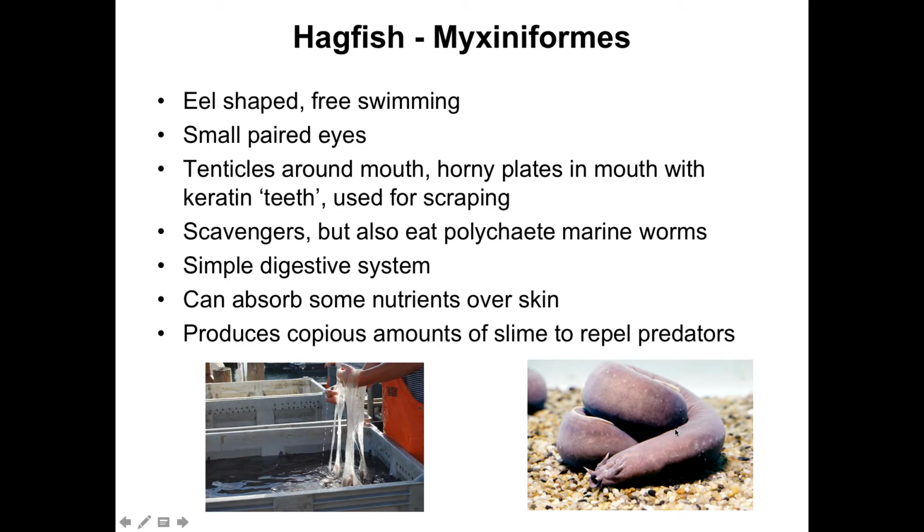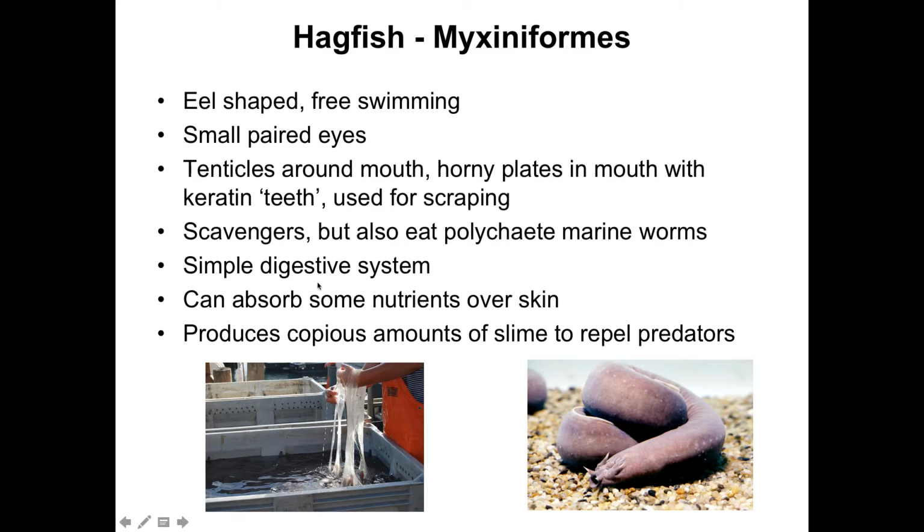Most of them are scavengers of large animal carcasses, such as whales and things that sink to the bottom of the ocean. Very small paired eyes, sort of tentacle barbels around the mouth, and horny plates in the mouth and on their tongue, which contain teeth made of keratin that are used for scraping flesh.